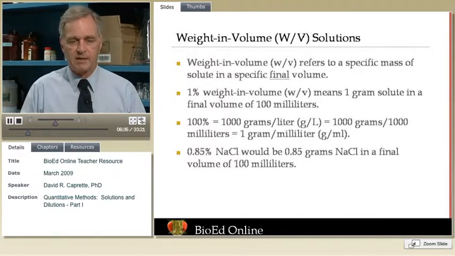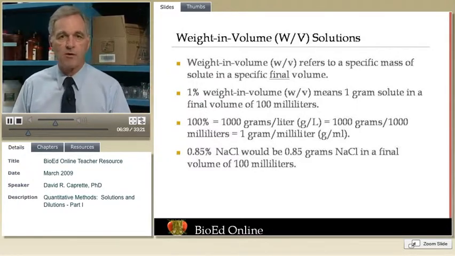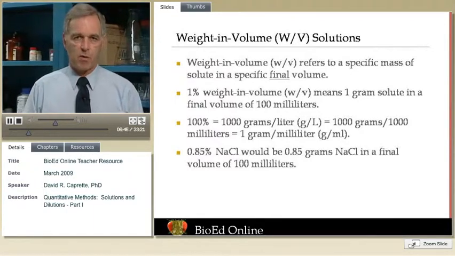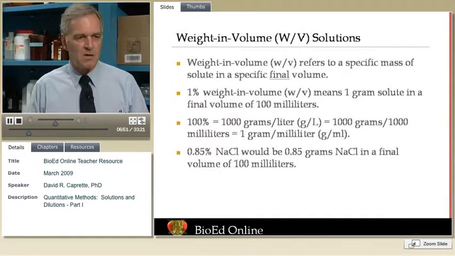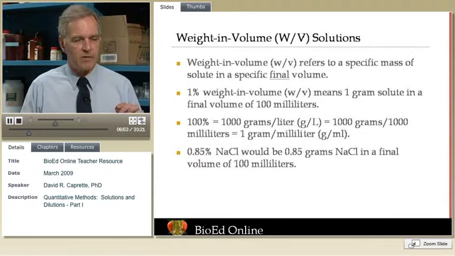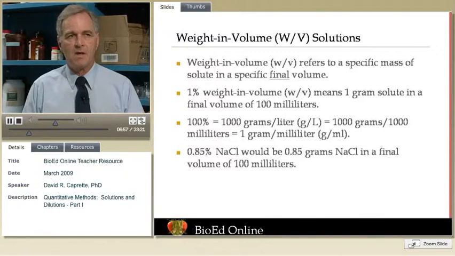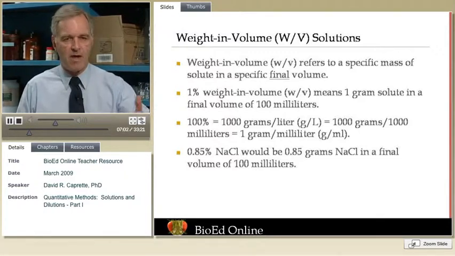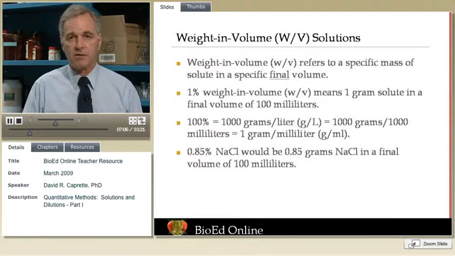A 1% weight in volume solution is 1 gram of solute per 100 milliliters of the solution. 10 grams per liter, 1/10 of a gram per 10 milliliters. That's the proportion. It's a little hard for some people to remember that formula. So I use the rule of thumb that if we just keep in mind that 1 milliliter of water weighs 1 gram, then a 1% solution is 1% of the volume of pure water by weight that makes up the final volume of the solution.